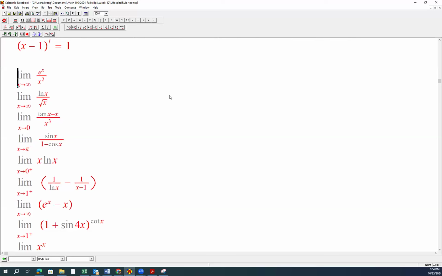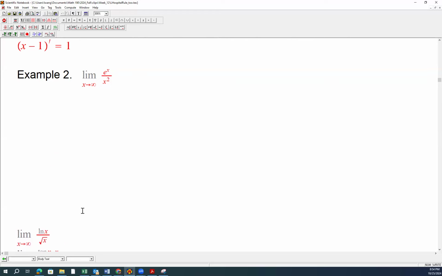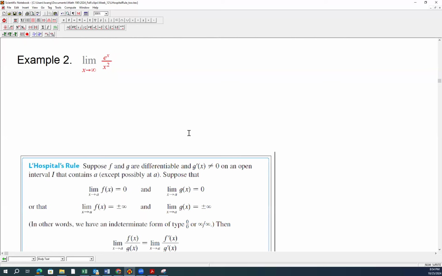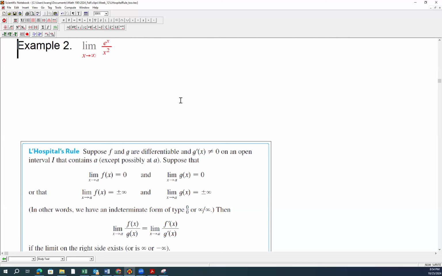Example number 2. And of course, most likely we might be using L'Hopital rule, but sometimes we may have to use some other methods, if L'Hopital rule does not apply.